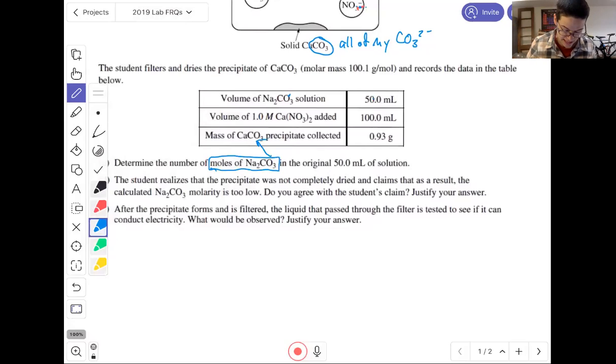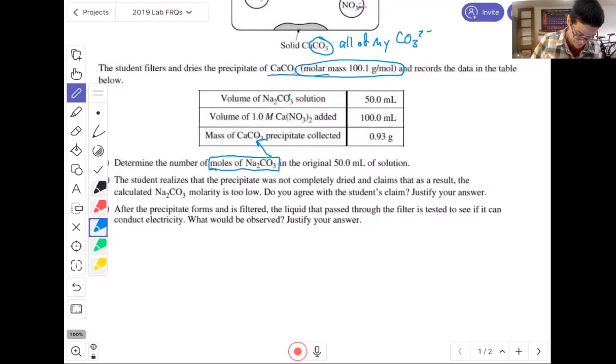So my carbonate is all in this calcium carbonate. So that's where I start. That's also why they gave you this number. This number right here is an indication that you're going to use that in this first part. They're not going to give you information that you don't need. I will say that. They've at least stopped doing that.